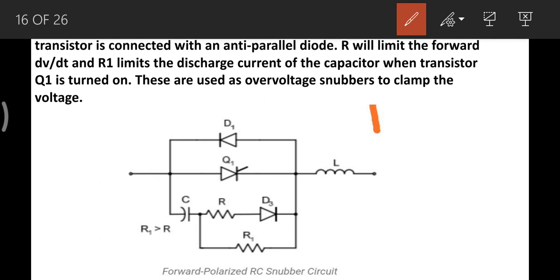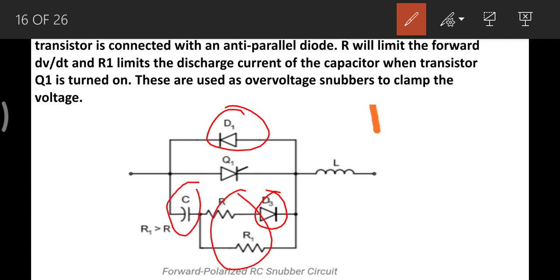Here these two diodes, D1 and D3, are connected in parallel. Here this is the R and this is the C capacitor, and this is the R1. This is considered as a snubber circuit, okay, that is connected across the switch. So this RC is connected across the switch.